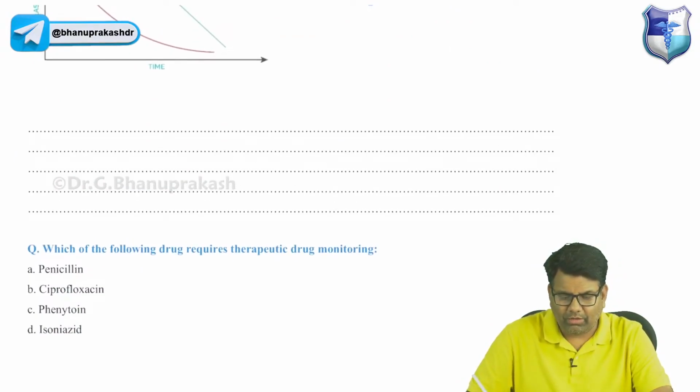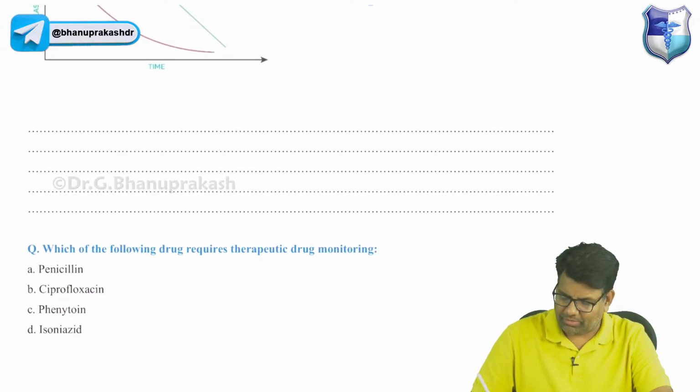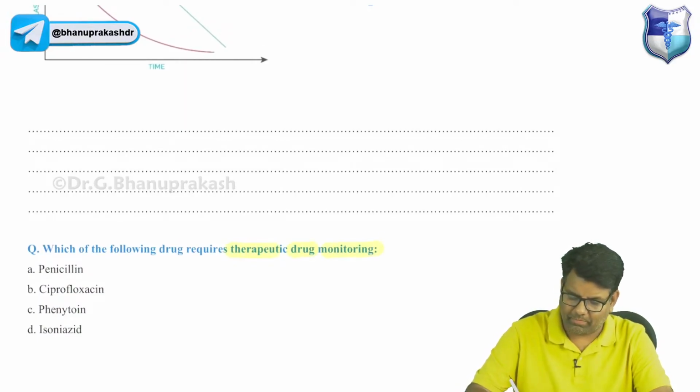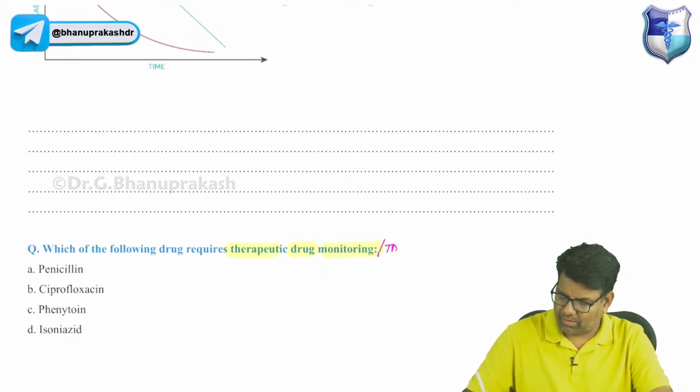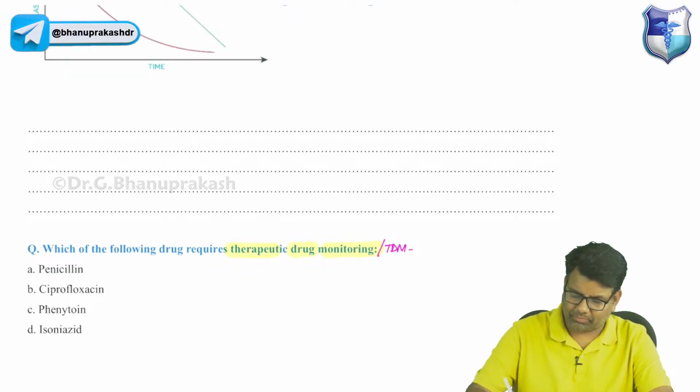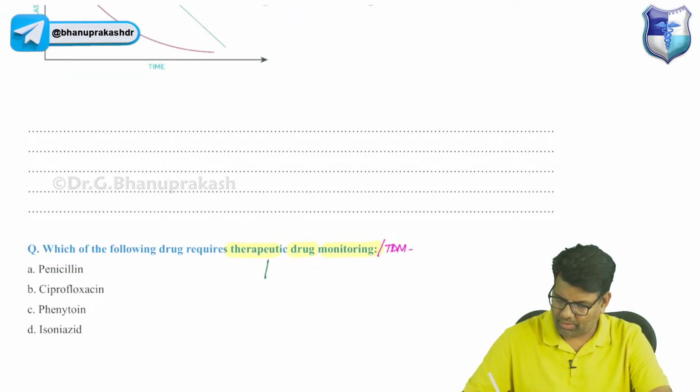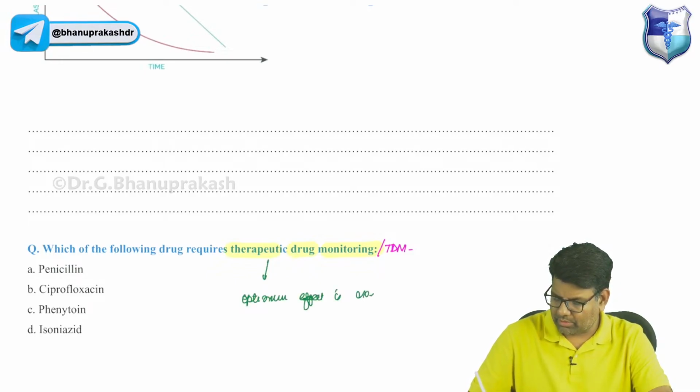Now, which of the following drug requires therapeutic drug monitoring? It means the optimum effect is exerted within a specific plasma range, right?